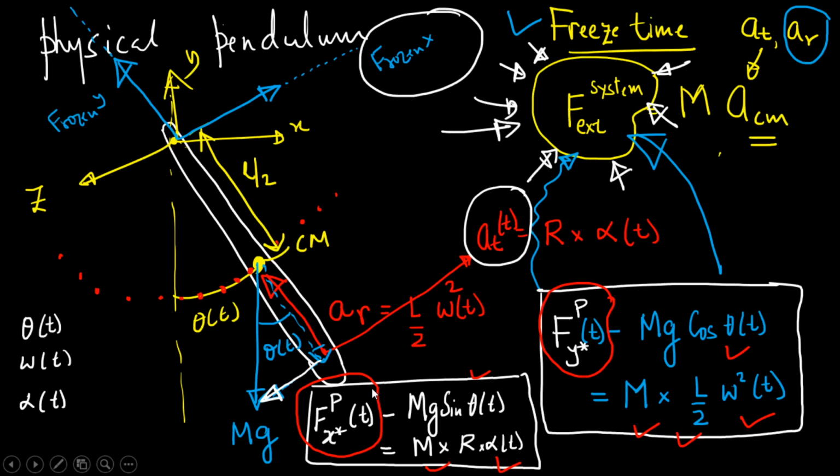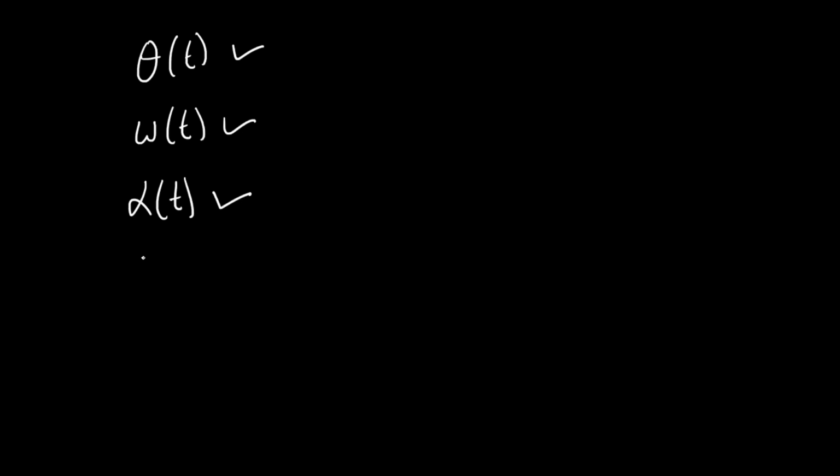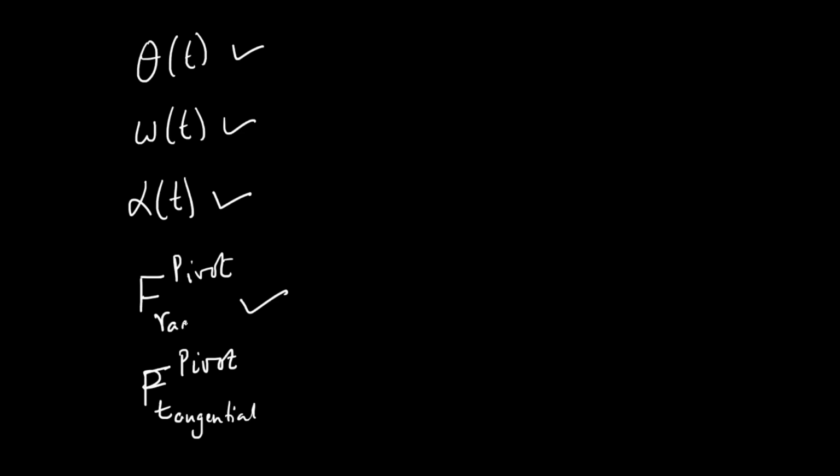And therefore, let's add to our list of victories: theta t, known; omega t, known; alpha t, known; force in the radial direction of the pivot, known; force in the tangential direction from the pivot, the force on the scale from the pivot, known. This is the tangential direction, and this is the radial direction.